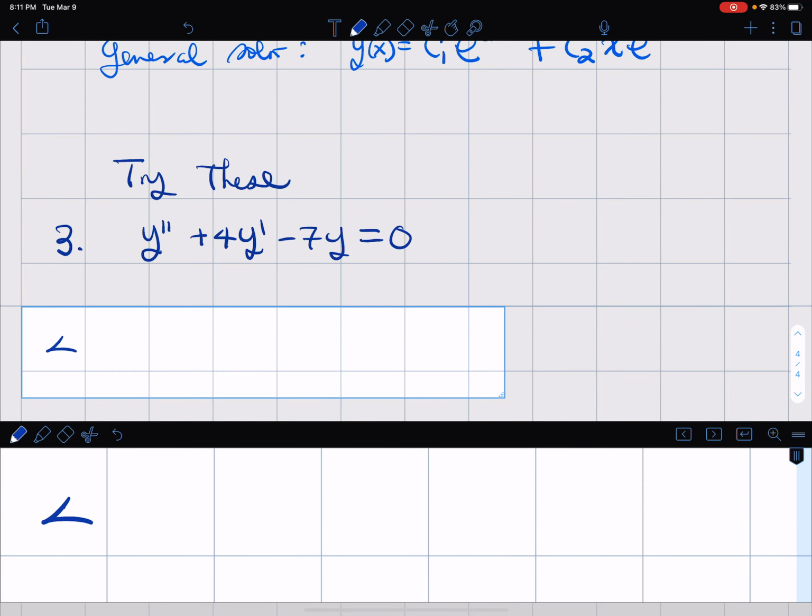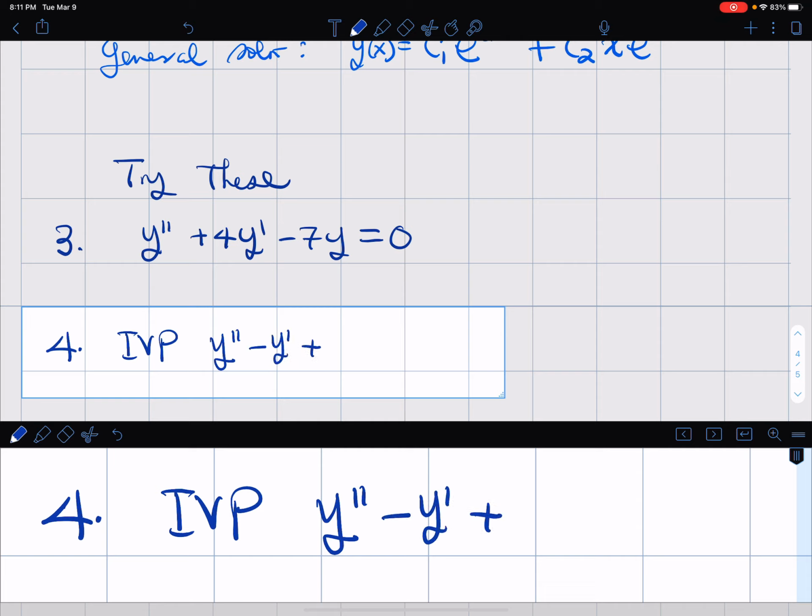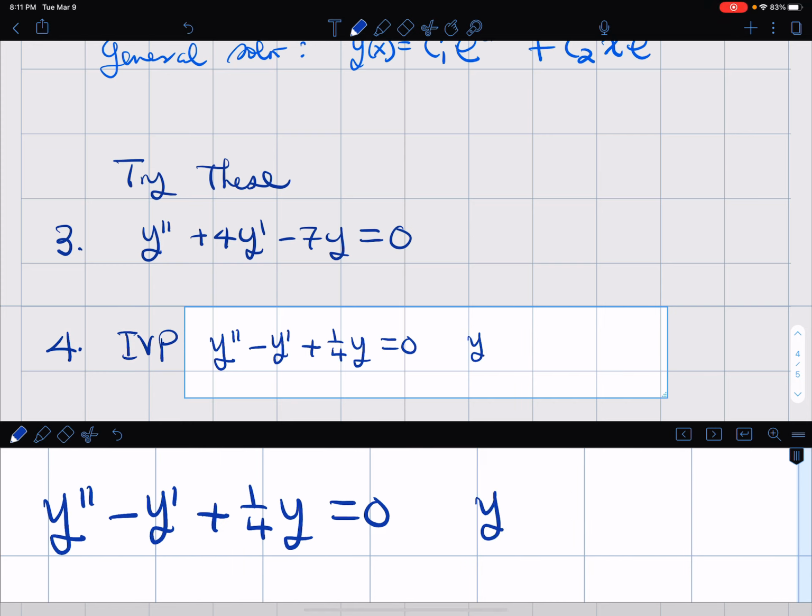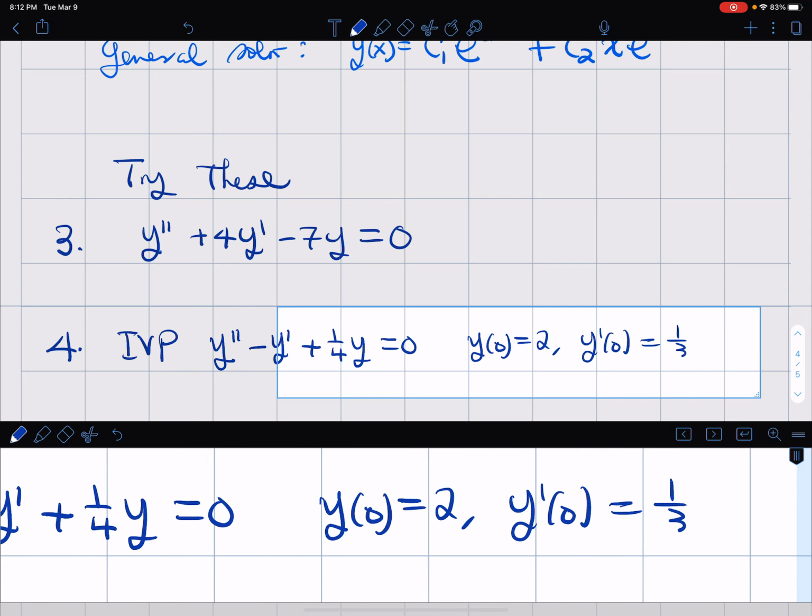And then let's see, how about the IVP, initial value problem? y double prime minus y prime plus 1/4 y is equal to 0, y of 0 is 2 and y prime of 0 is 1/3.